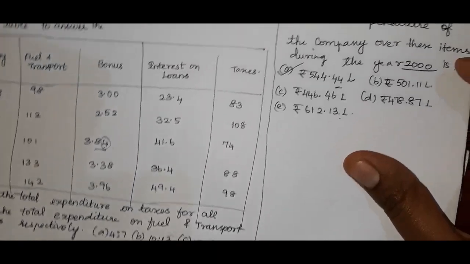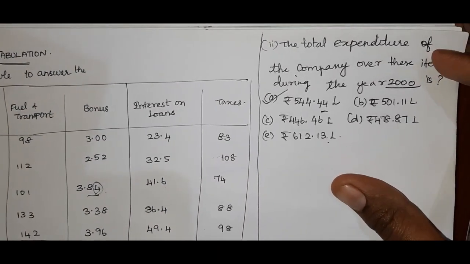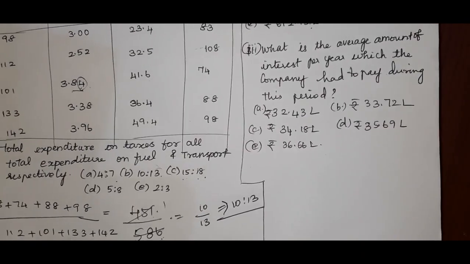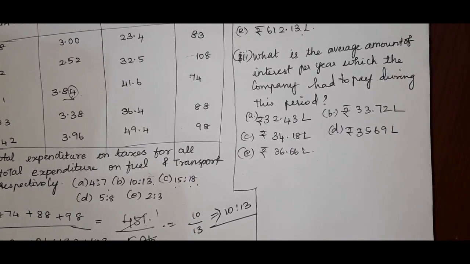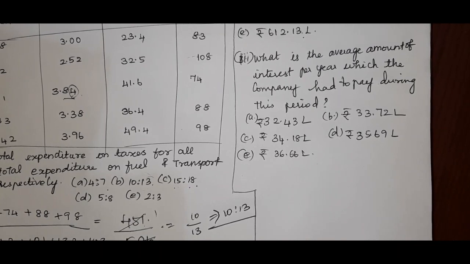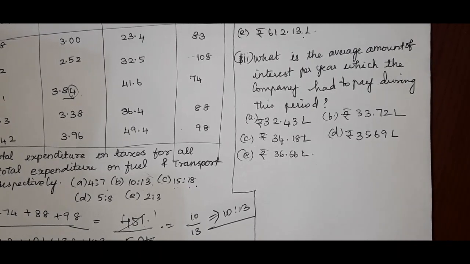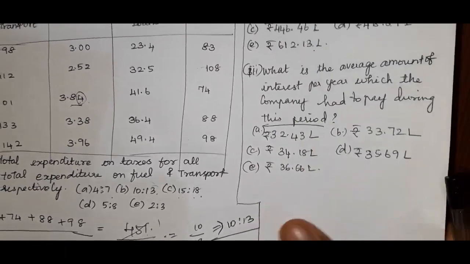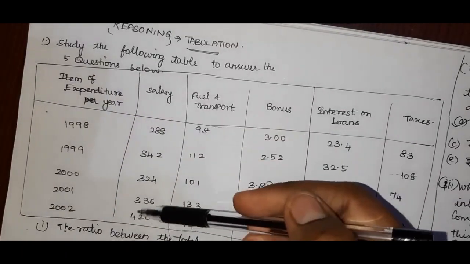So these are all simple questions from the tabulations in the reasoning part. So let's move on to the third question. What is the average amount of interest per year which the company had to pay during this period? This period refers to all the years from 1998 to 2002.